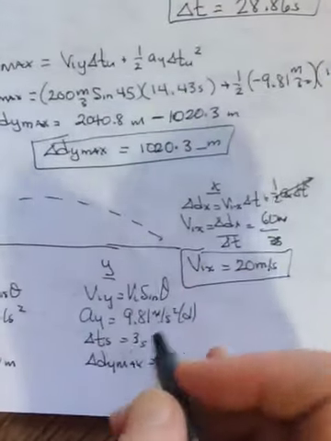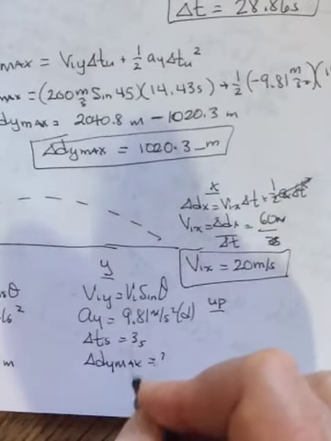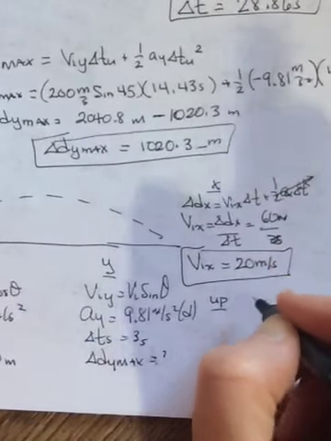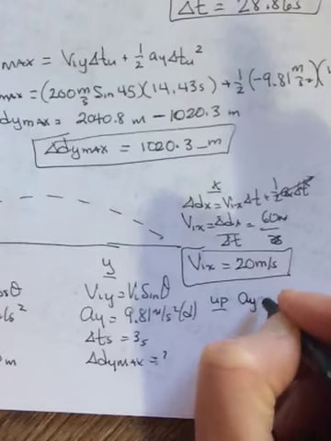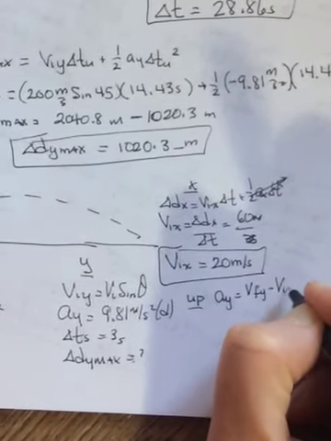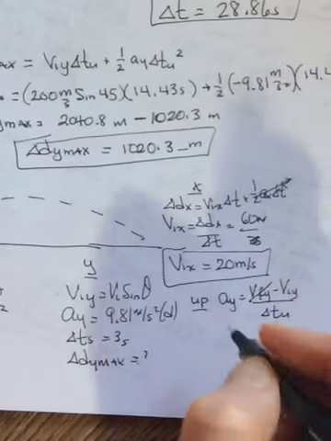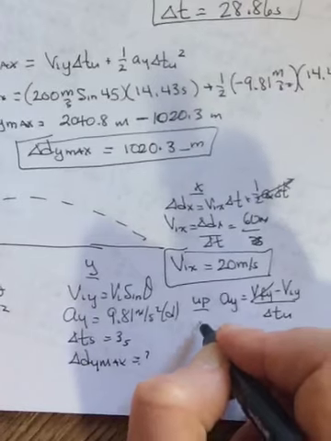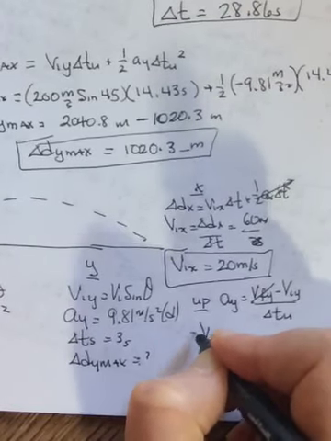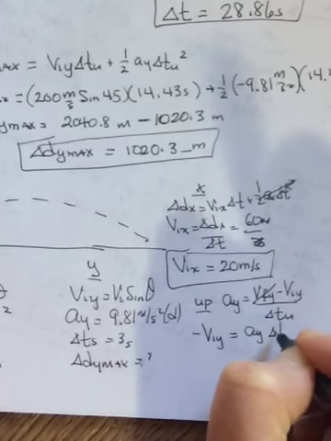Then in the y direction, we can use our time up thing to do the same thing. We can say, so AY is equal to VFY minus VIY over delta t. And if it's up, this is TU, and this goes to 0. And now I can find my VIY, because my negative VIY will be equal to AY delta TU.